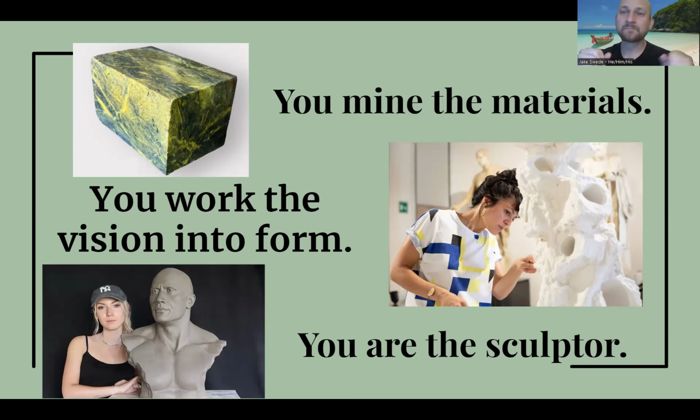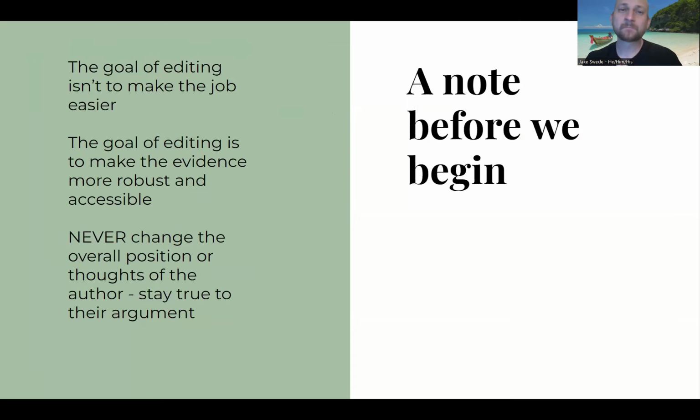So if your vision is, well, the AFF should be saying this and the neg should be saying this, you're the one that's actually working it into that form by choosing the arguments, choosing the cards, doing the phrasing, doing the underlining, doing all that stuff that's going to lead students to making particular arguments in particular ways, right? At the end of all this, you're the sculptor, you're the architect who creates these ideas, creates the packet, creates the balance, creates everything in here. So I'm going to teach you some tools and techniques to get the right sculpture that you want at the end of this, and hopefully you'll feel pretty good about it.